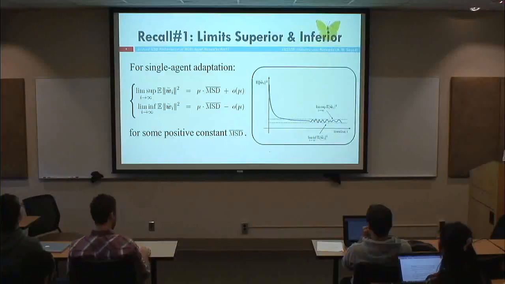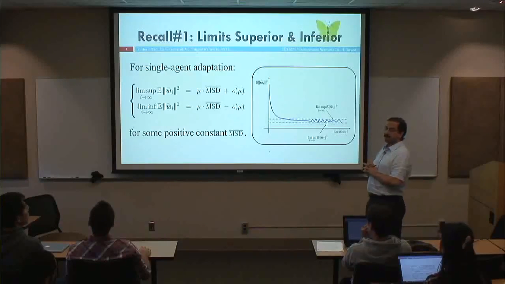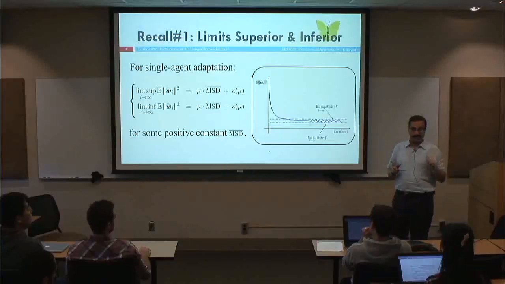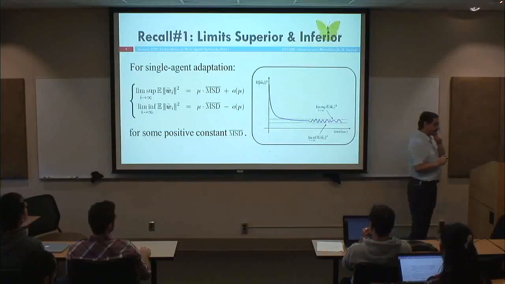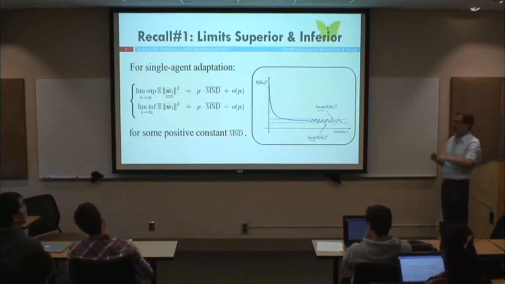Before I get there, let me remind you of this concept which I introduced when we studied single agent adaptation. If I pick any agent, written generically, you could think of this as w tilde k comma i for agent k.